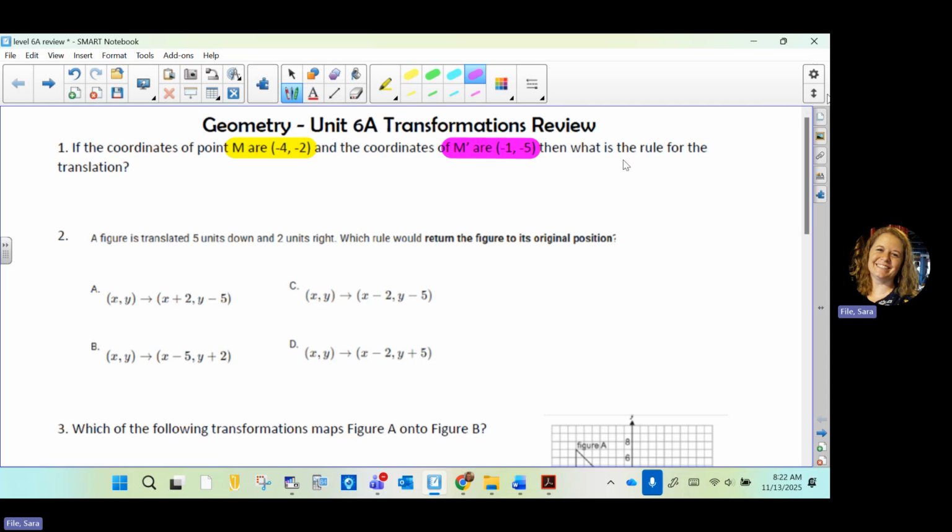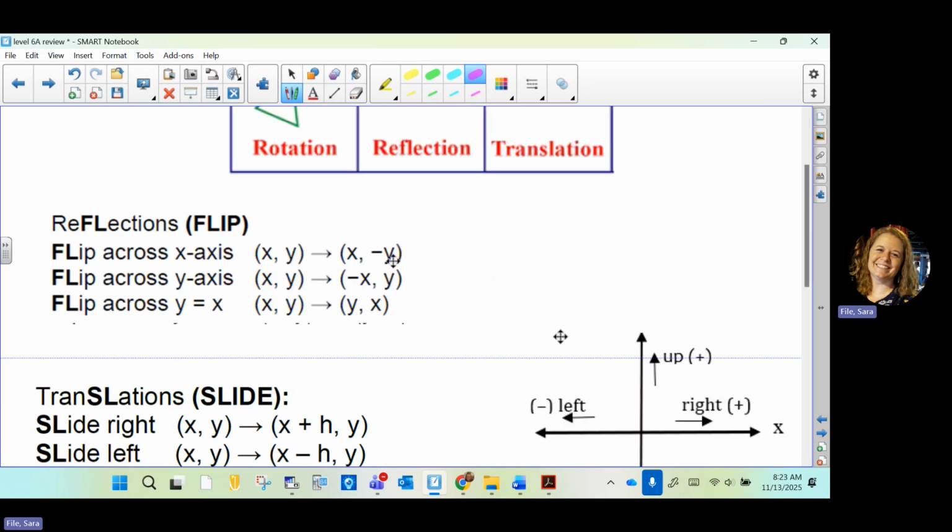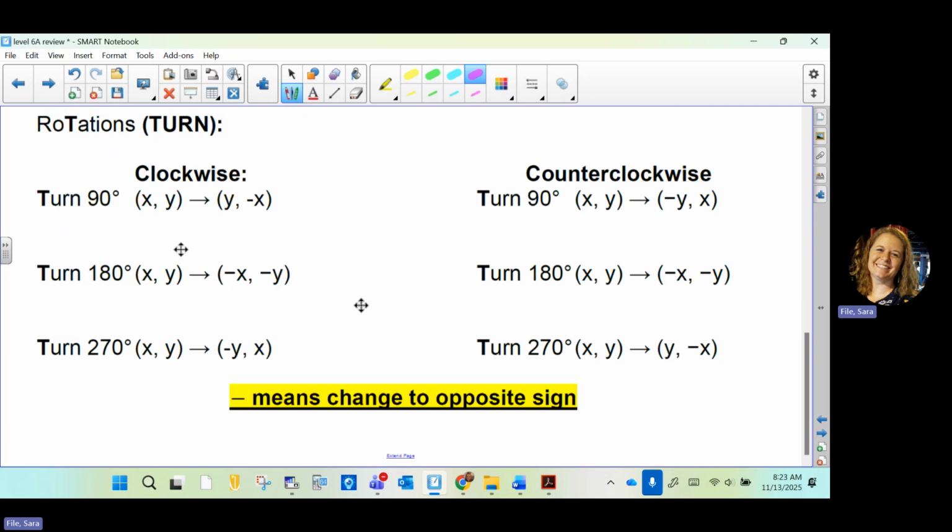That is not just changing signs or switching the order, is it? No. So I know it is not a reflection or a rotation, because the reflection and rotation rules just switch the order or change the signs, but all of the numbers actually stay the same.